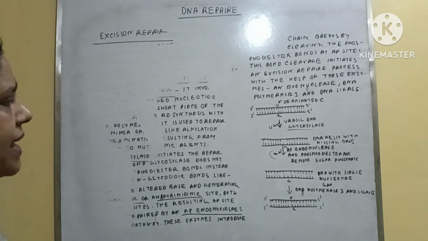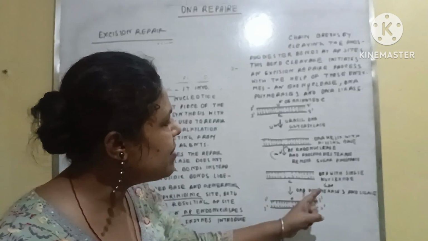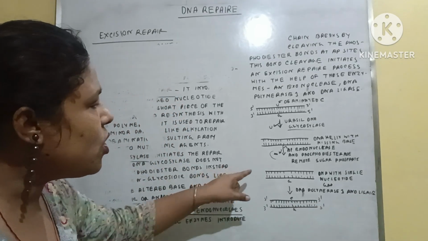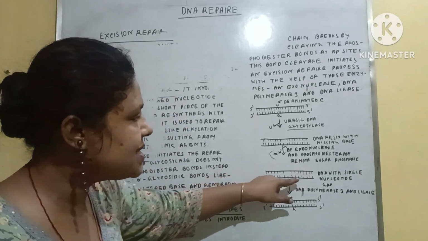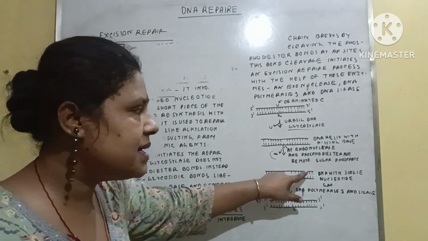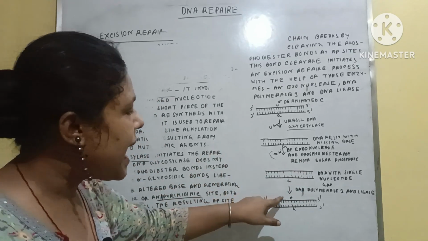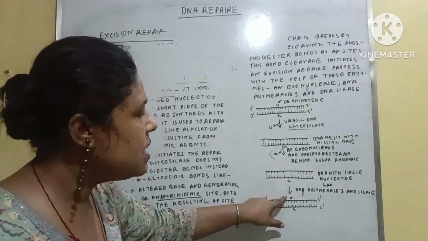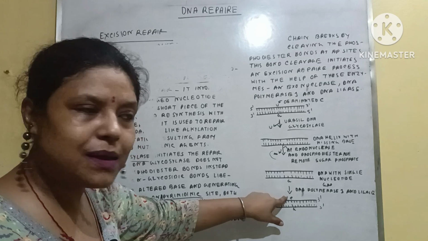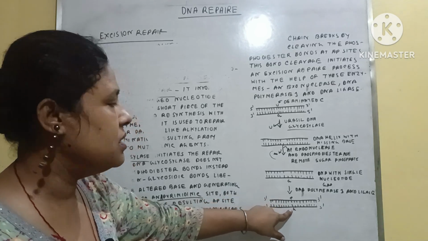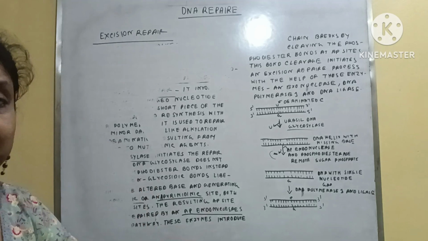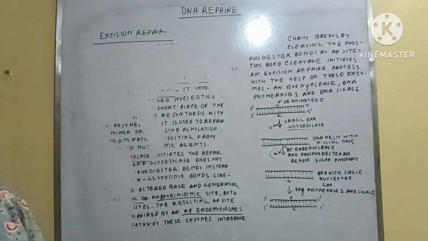After that, DNA polymerase 1 and ligase act on the double helical strand. Then the correct base, C, comes here and attaches with G. In this way the damaged base is replaced by the correct base.